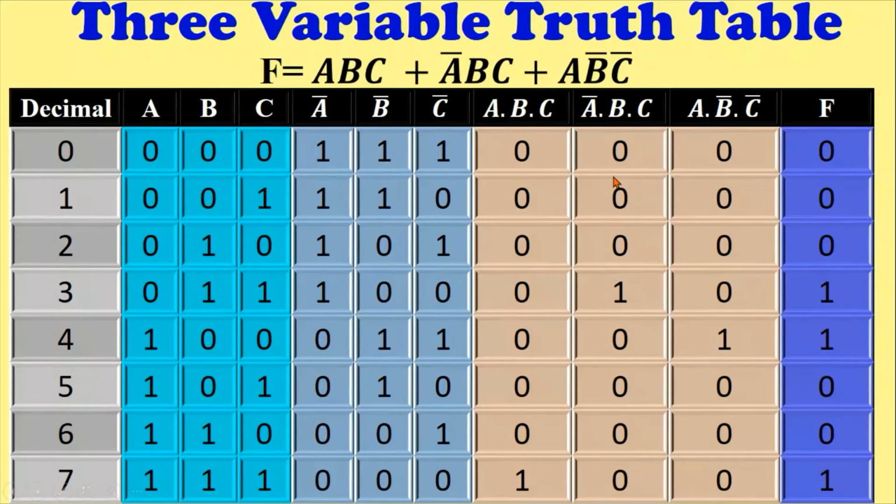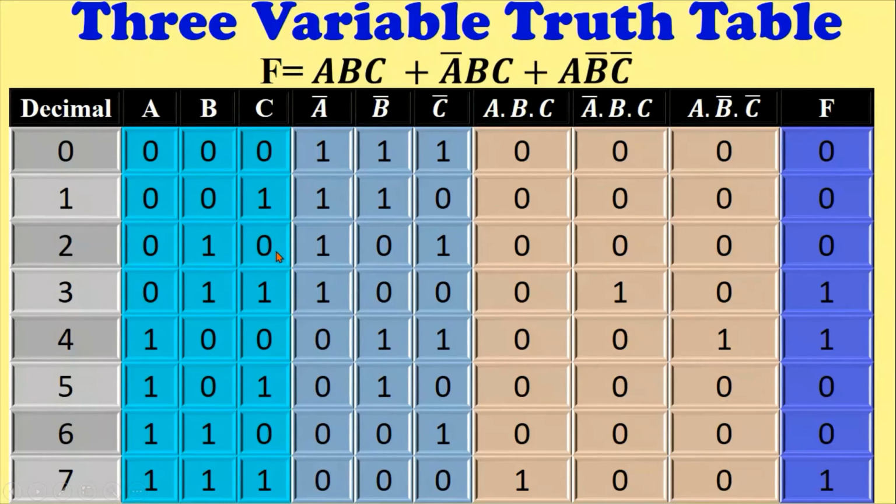That means they will multiply to each other and you will have 1. So the last value of A dot B dot C is 1, and same like that you have to fill the values of A complement dot B dot C. The first value of A complement is 1 and B C is 0. Same like that you have to multiply. Dot means you are going to multiply the values of these three variables.